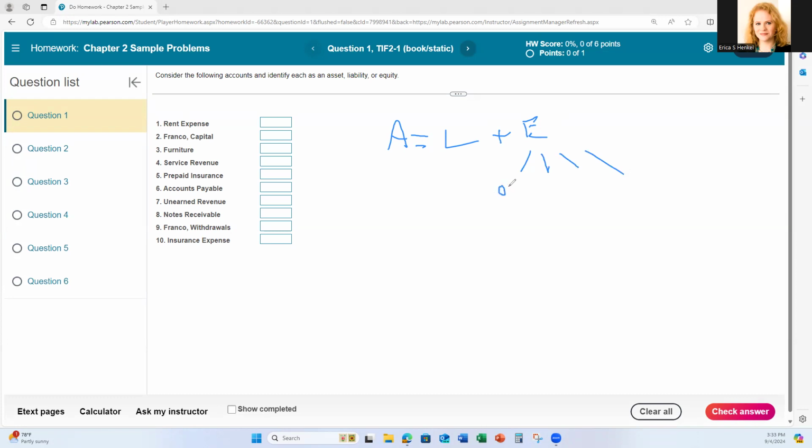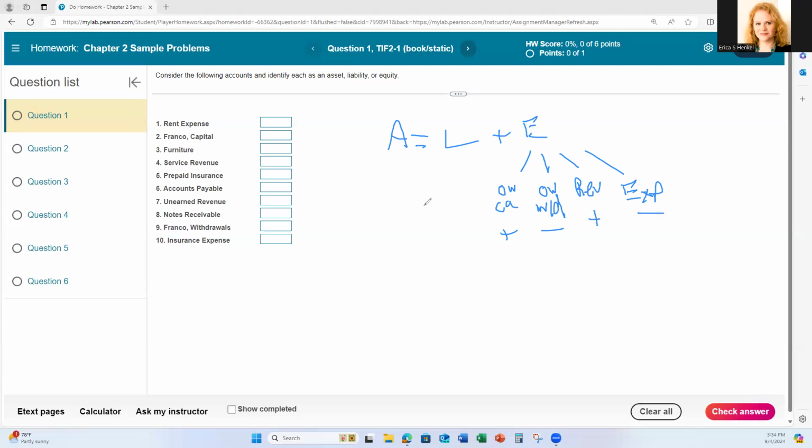There is owner capital, I'm just going to put OWCA. There's owner withdrawals, sometimes referred to as dividends. There's revenues, and there are expenses, right? Now, owner capital increases equity, owner withdrawal decreases, revenues increase equity, and expenses decrease equity.